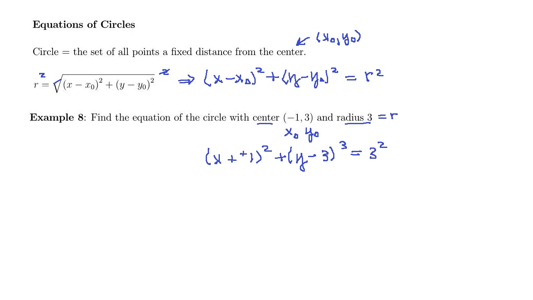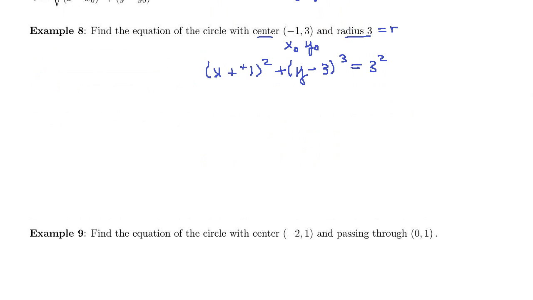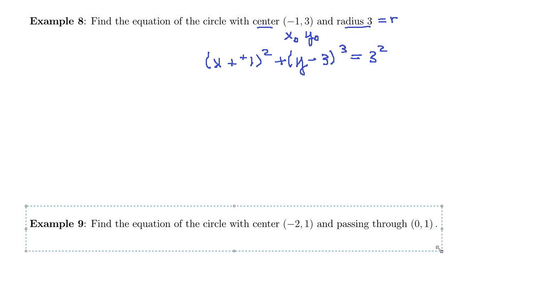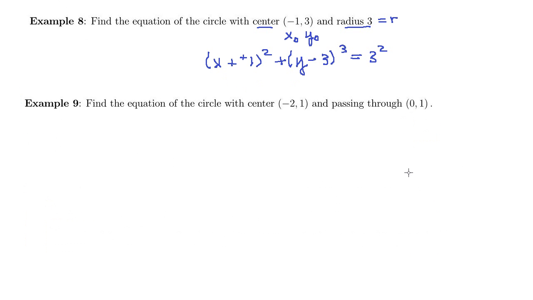So let's look at another example here. In example 9, we want to find the equation of the circle with center -2, 1, and it goes through the point 0, 1. So our equation here is x minus x0 squared plus y minus y0 squared is equal to r squared.